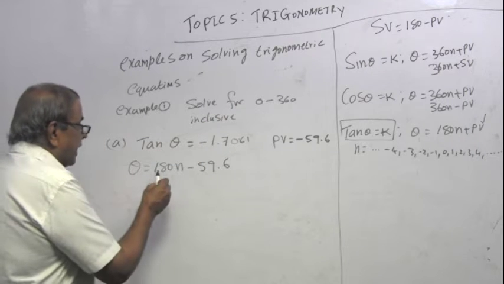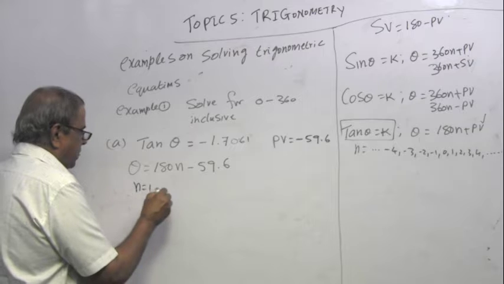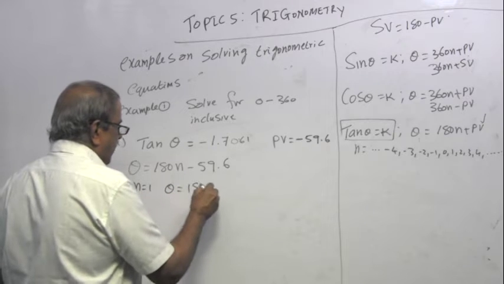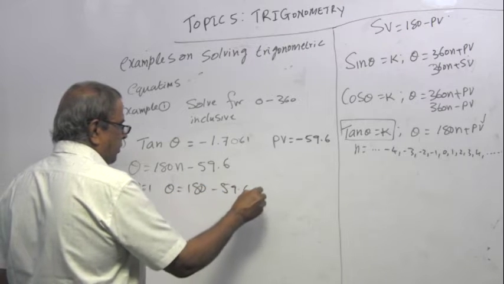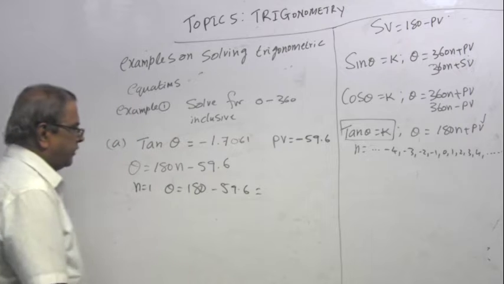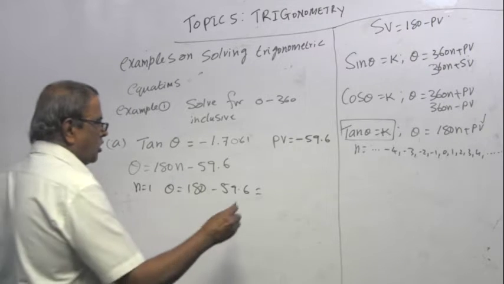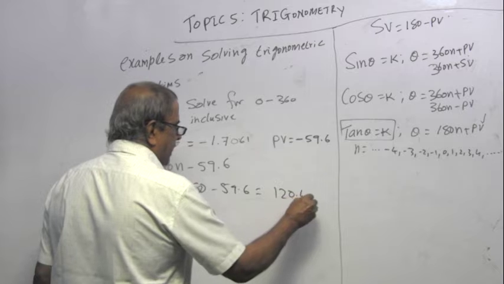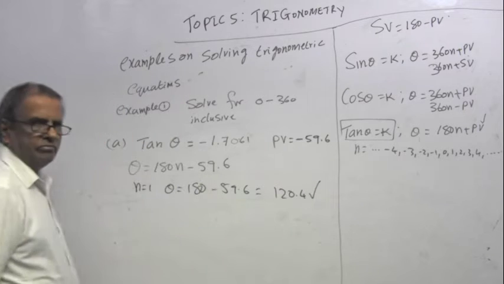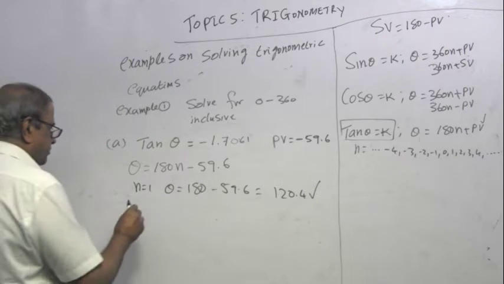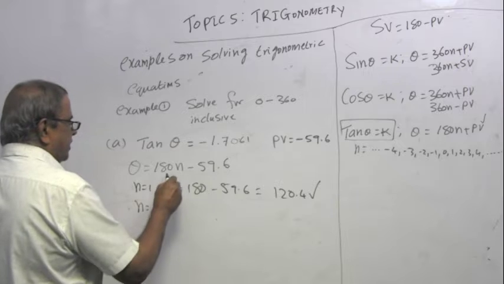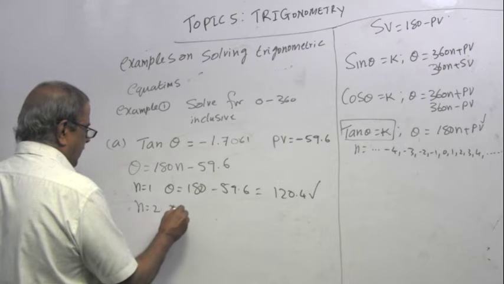So I'll start, if you put n as 1, what do you get? Theta will be 180 minus 59.6. 180 minus 50 is 130. 130 minus 9 is 121. So 120.4. And it is within my range. Good. Let's put n as 2. 360 minus 59.6.